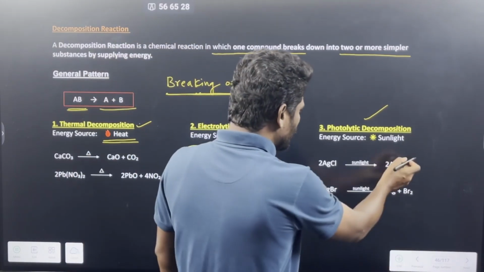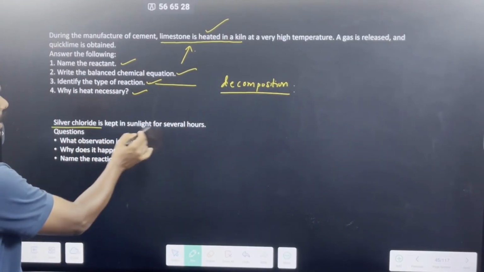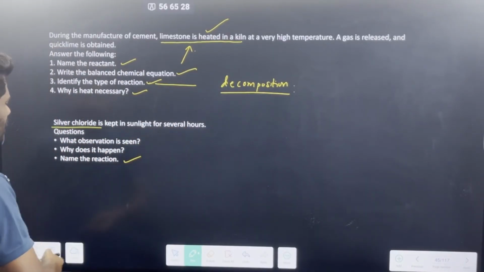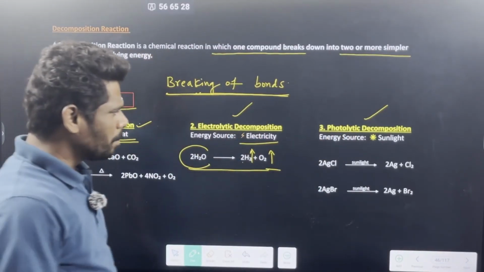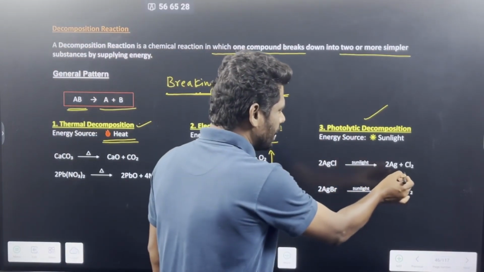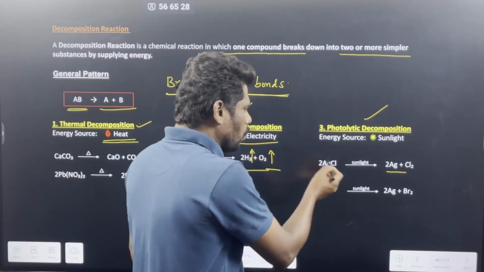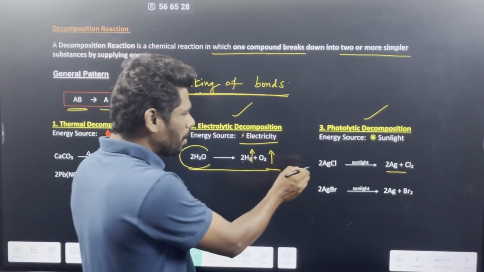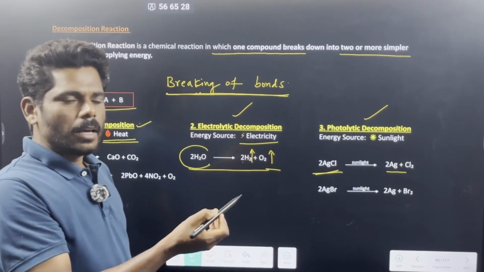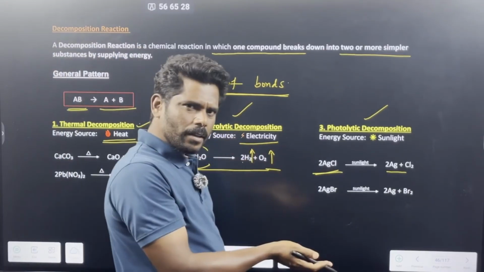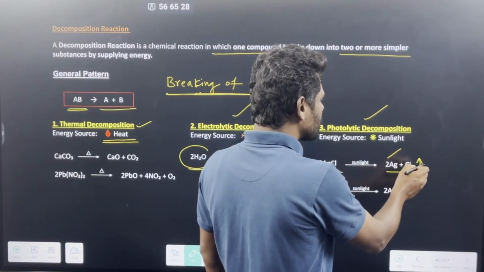And look here, in the last case, silver chloride is kept in sunlight for several hours. What is the observation? Look here, the observation is simple. The silver chloride changes its color. Then automatically, what do you understand? We supplied sunlight, that is light energy, to silver chloride, and it was broken into silver and chlorine gas.